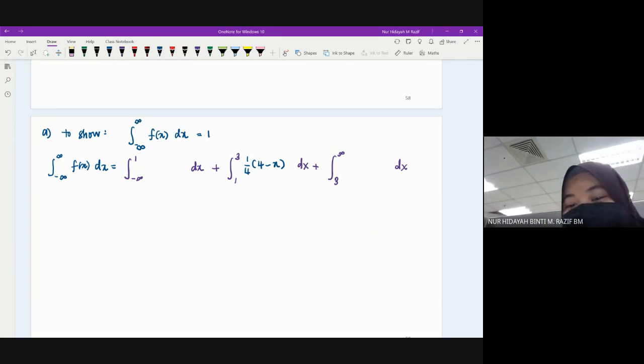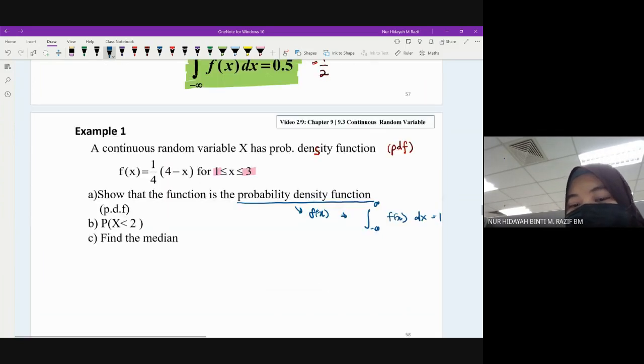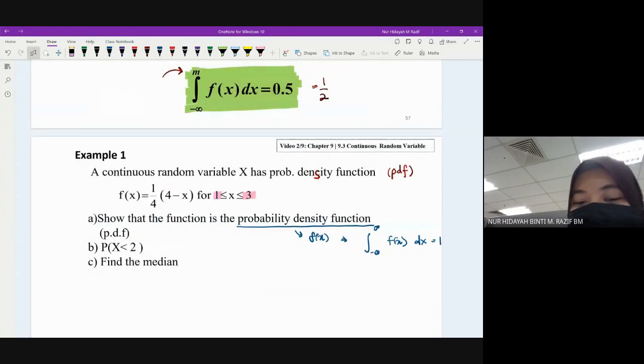Kita tiada probability di situ, okay. So kita akan letak fungsinya fx kita adalah kosong. Daripada probability density function kita boleh tengok kat sini, tak ada. Maksudnya untuk x less than 1, okay, dan juga x greater than 3, dia punya fx adalah bersamaan dengan kosong. Alright, so kita dah tulis macam tu.